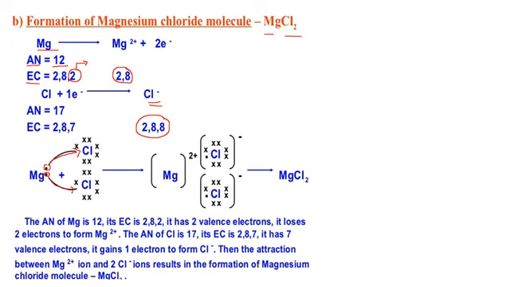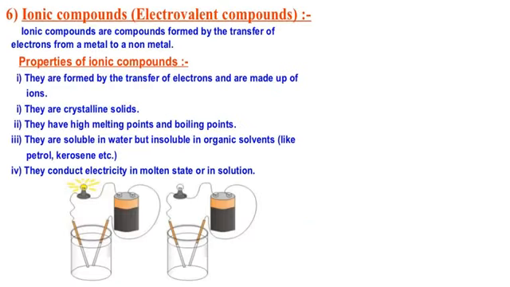Now these 3 atoms will form a very strong bond and form the compound MgCl2, because in this bond there is a transfer of electrons. There is no sharing of electrons. Sharing of electrons takes place in covalent bonds, and this bond is electrovalent or ionic bond, where the transfer of electrons takes place.